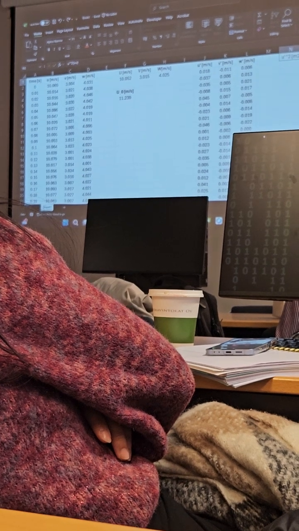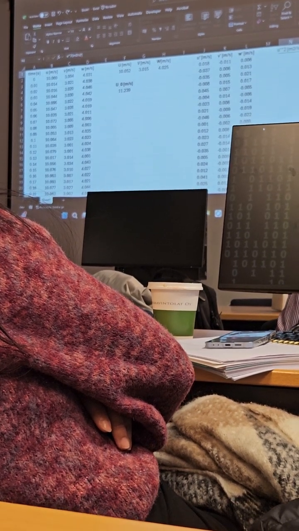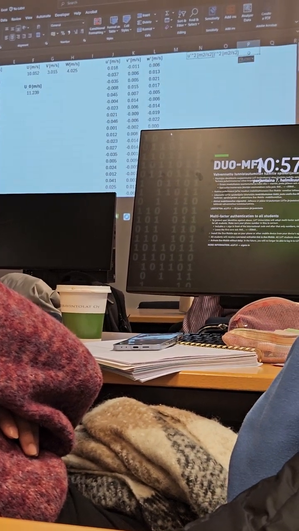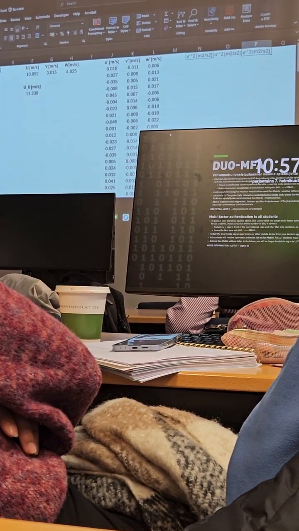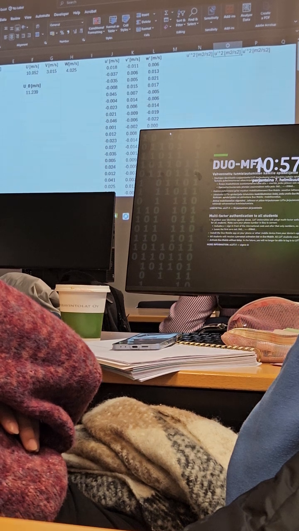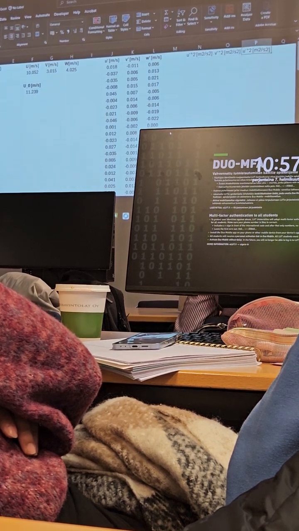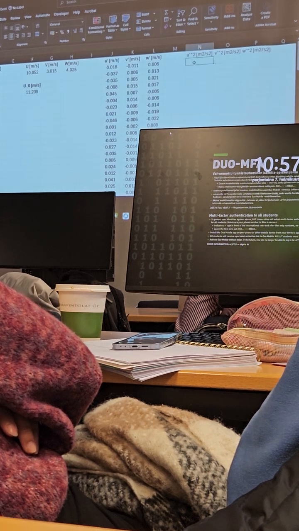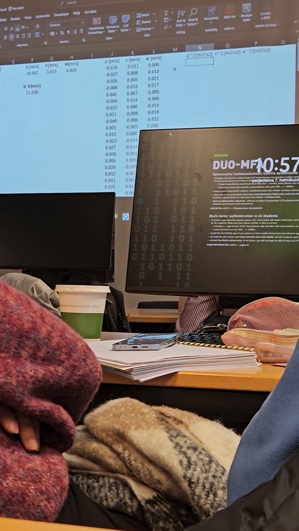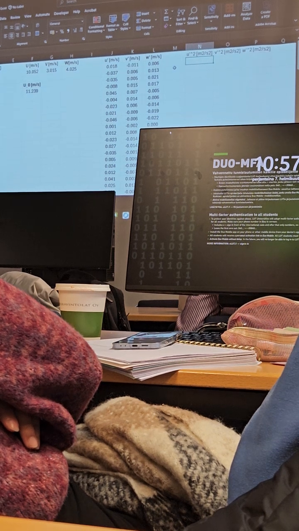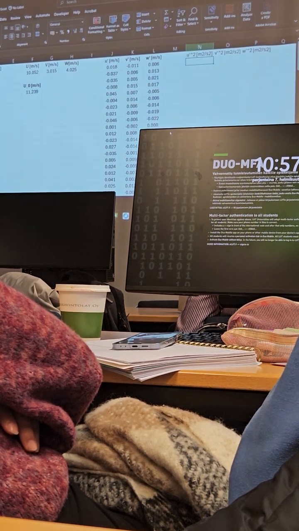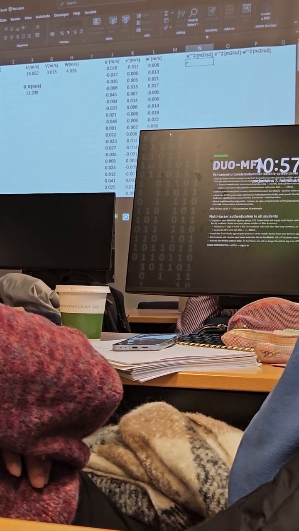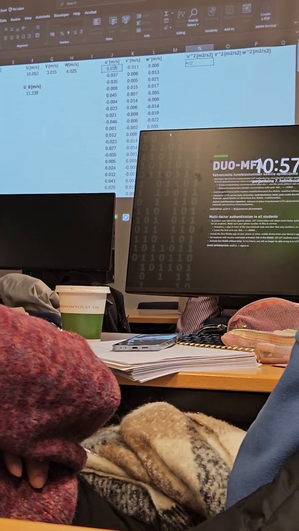Let's keep it like this. So we create 3 new columns in order to calculate the square of each turbulent fluctuation for each time. So this is equal to the value over here to the power of 2.